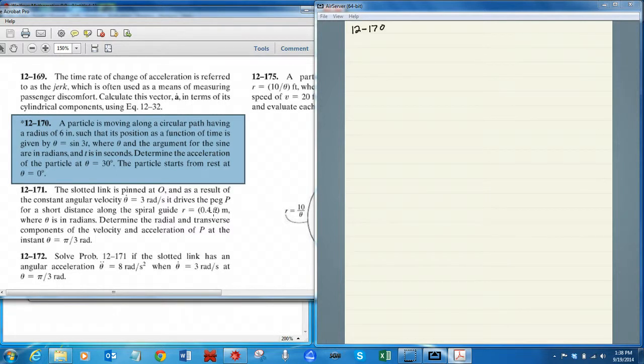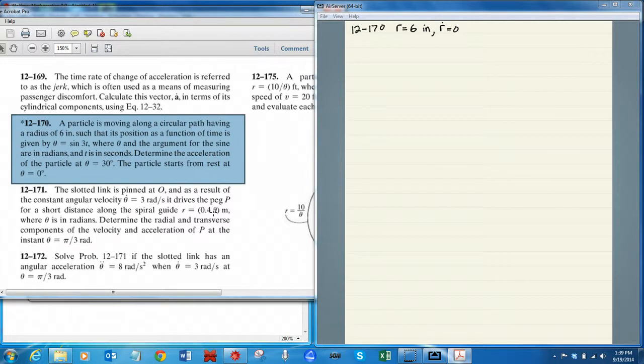Okay, so what I'm going to do is write down the things that I know. They say it's a circular path with a radius of 6, so I'm going to say that r is equal to 6, and this will be in inches, so I need to be careful of the units. Because it's a circular path, the radius is constant, so if r is constant, I know that r dot is 0.